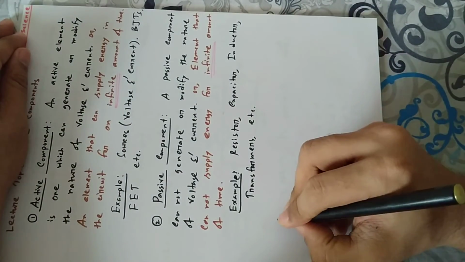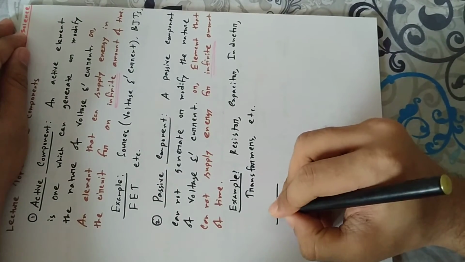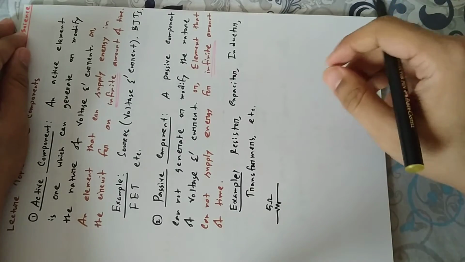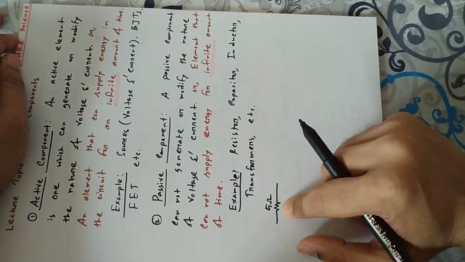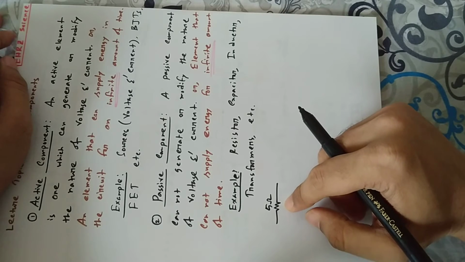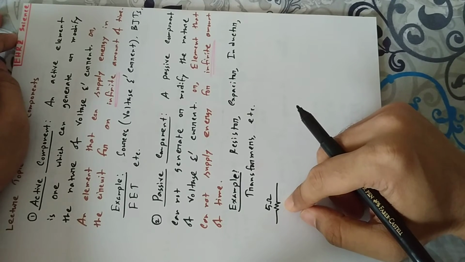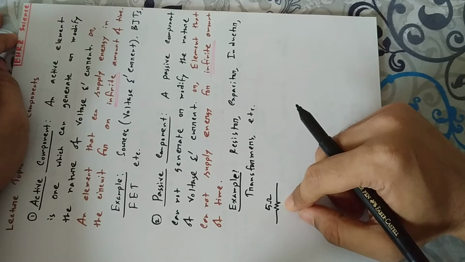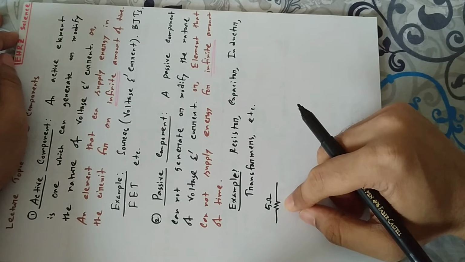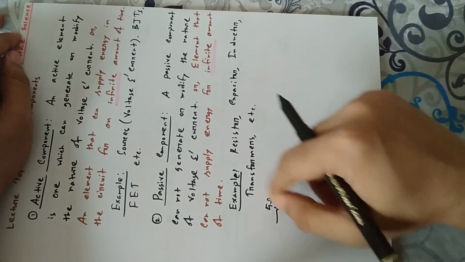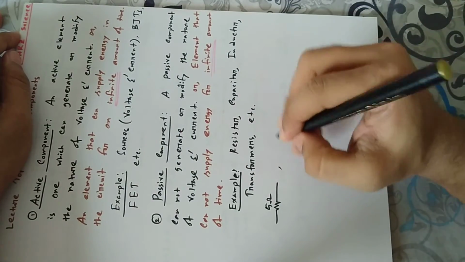We all know about resistors. Suppose this resistor has the value of 5 ohm. A resistor cannot generate voltage or any sort of current in a circuit, and it cannot supply energy. So a resistor is a passive component.